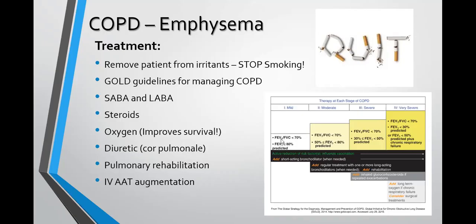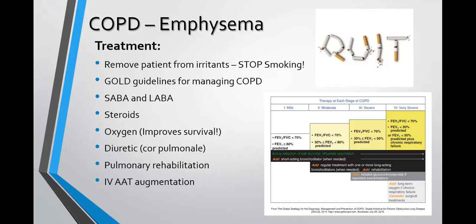FEV1 means forced expiratory volume in the first second, right? These are things we do with pulmonary function tests. They tell them to blow, blow, blow. Well, we count that first second. The amount of air that went across in that first second is the FEV1, right?